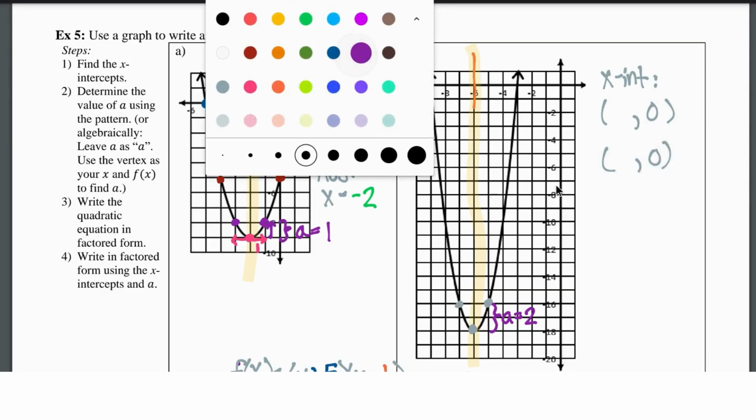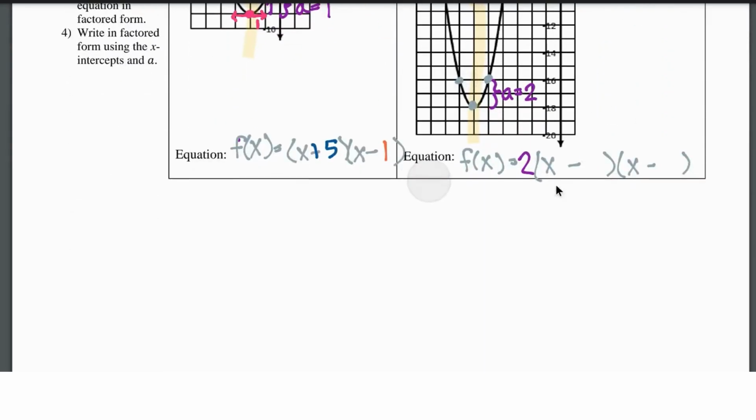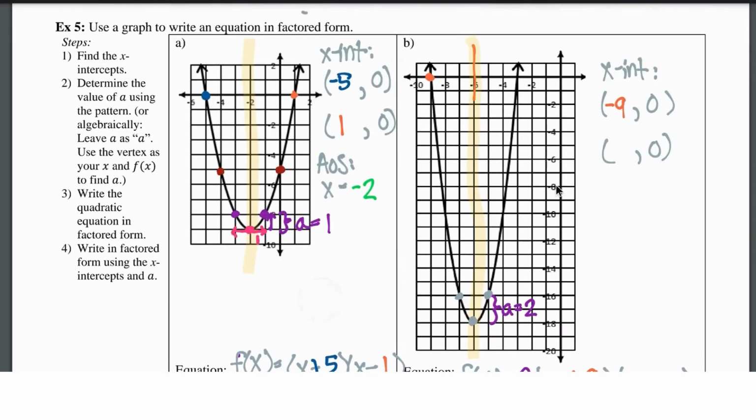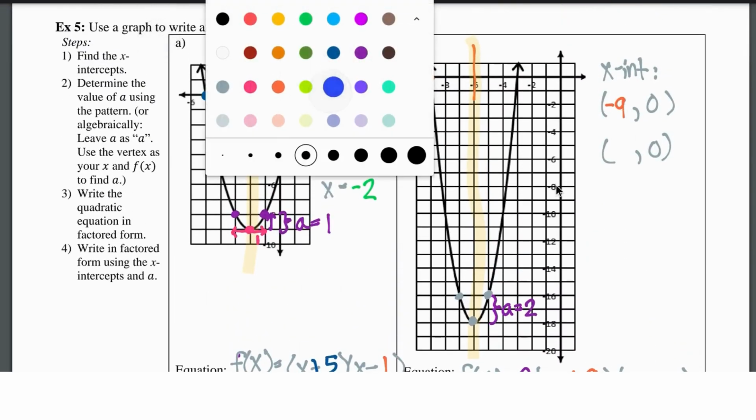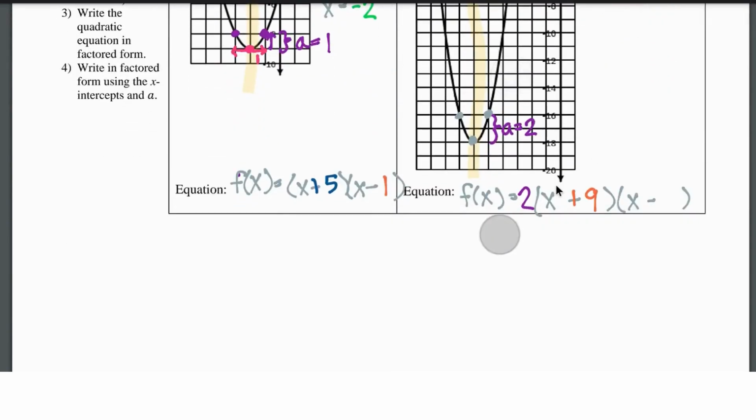And so our first x-intercept, it looks like, is at negative 9. So that would give us a factor of x plus 9. And then our other x-intercept is at negative 3, so that would give us a factor of x plus 3. Okay, so our equation of f of x would be 2 times the quantity x plus 9 times the quantity x plus 3.